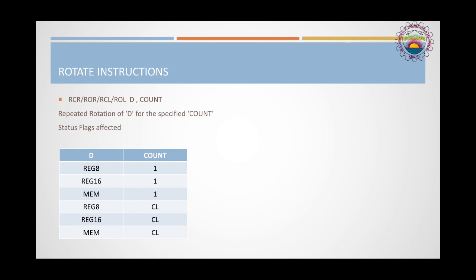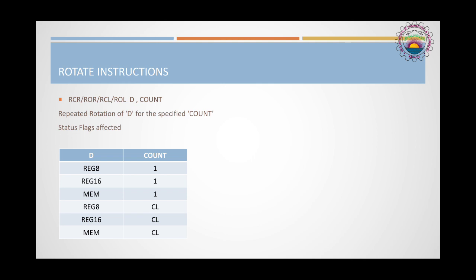So a table is given for showing the different combinations of D and count. So D may be an 8-bit register or a 16-bit register or a byte from memory or a word from memory. Count may be 1, or if you want to mention count greater than 1, you have to use CL register for that.